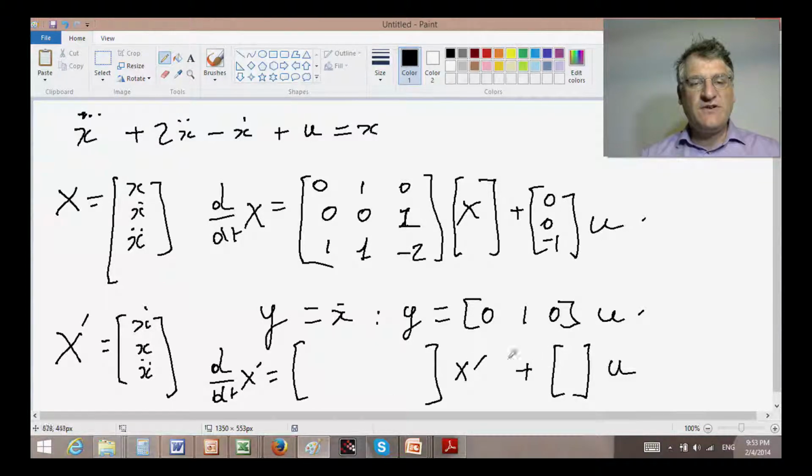Now let's populate this matrix. d dt of x double dot, that hasn't changed, so this is the thing here. However, d dt of x dot, that's x double dot.